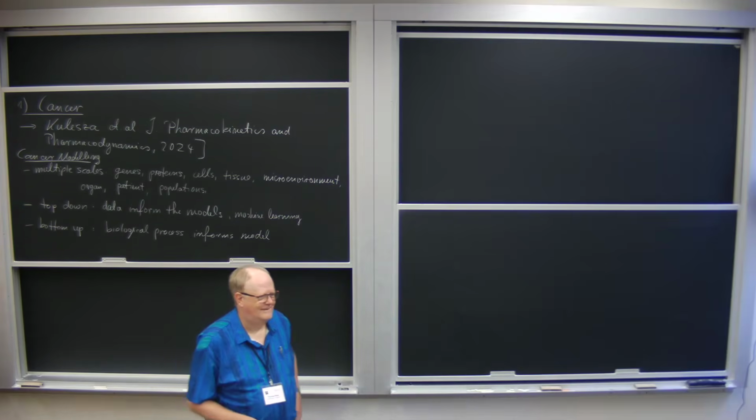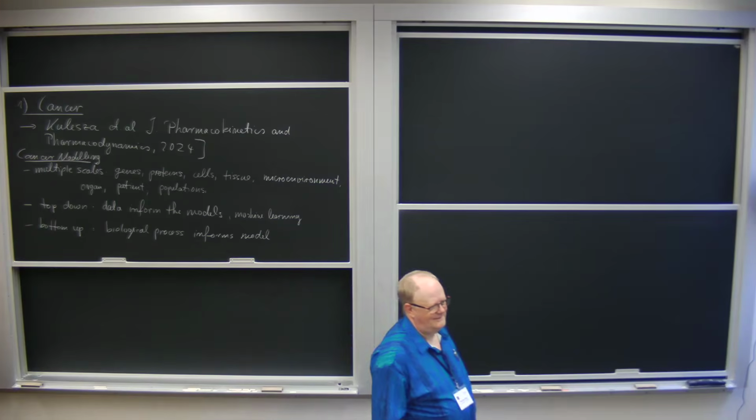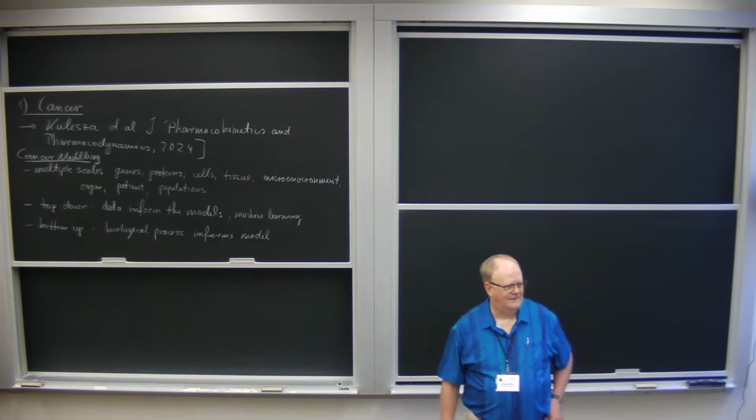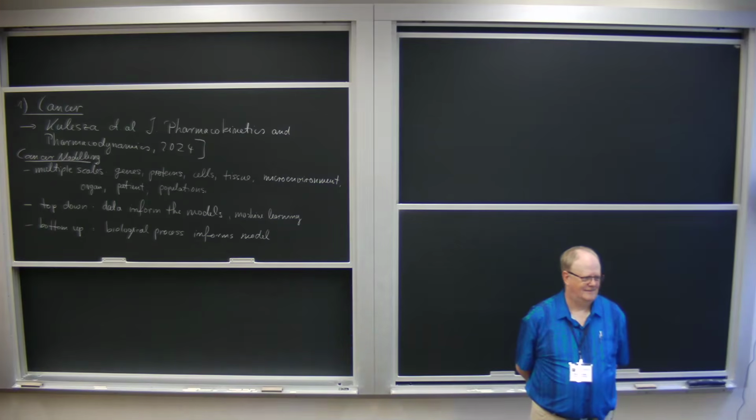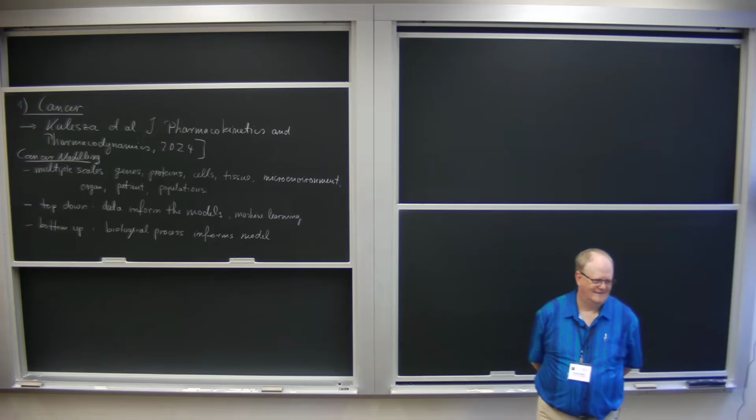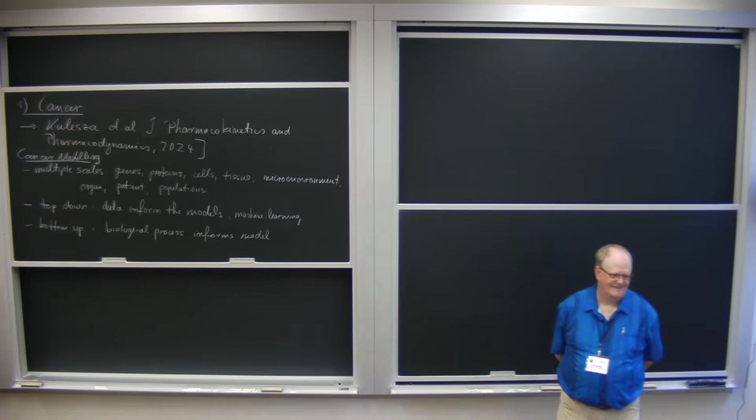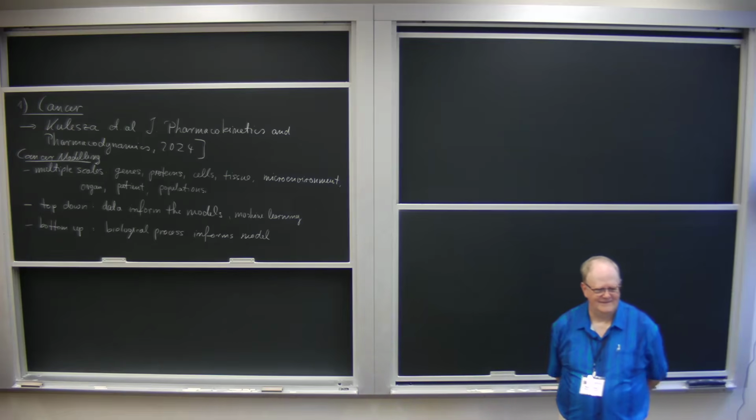Top-down is more of a holistic model, which is taking into account maybe as much of the biological processes. Bottom-up is much more parsimonious, where you're building up building blocks one by one. And both top-down and bottom-up are informed by data, but it's just system versus building blocks.